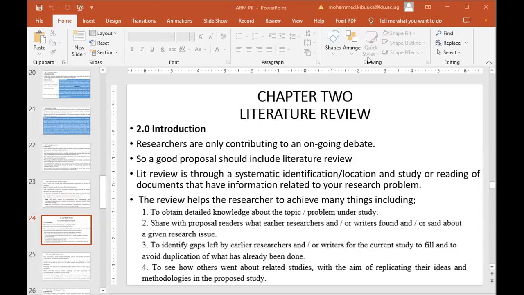And you have also read the literature about the current situation about your IV and DV.